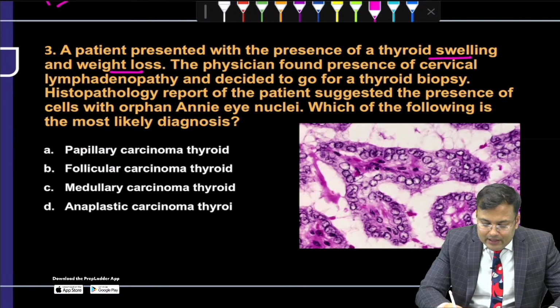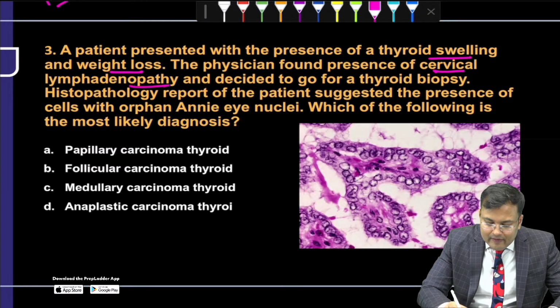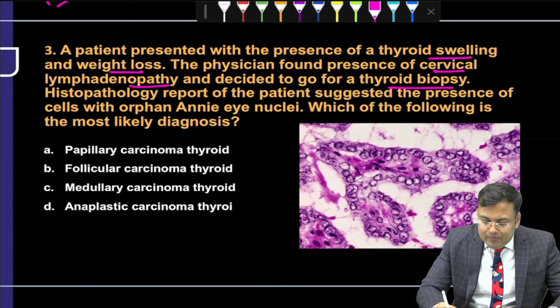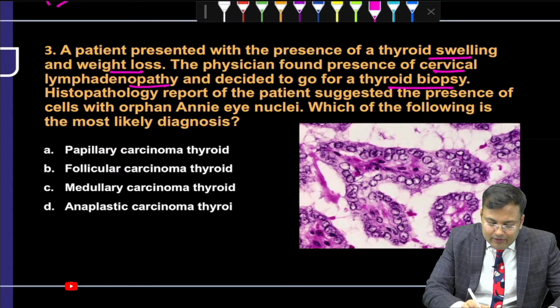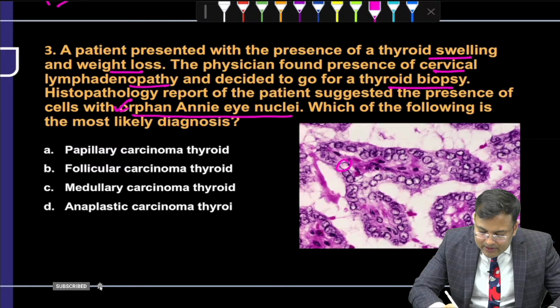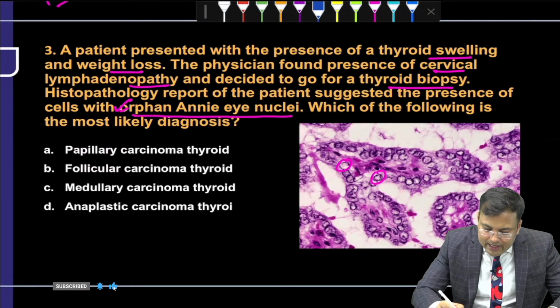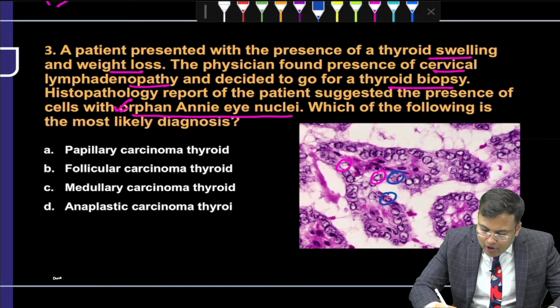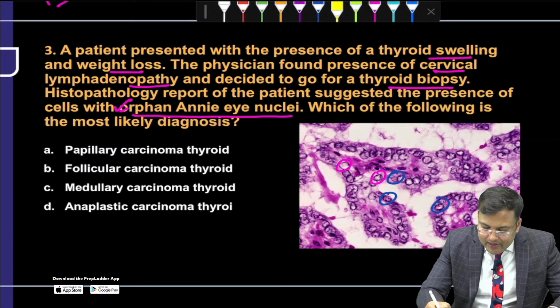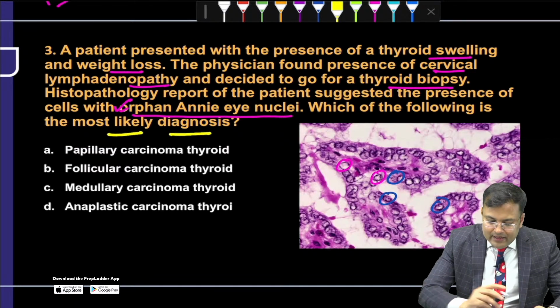Physician found cervical lymphadenopathy, decided to go for thyroid biopsy. Histopathology report suggested presence of Orphan Annie nuclei. Here you can see these are optically clear nuclei, also known as Orphan Annie nuclei. Which of the following is the most likely diagnosis?